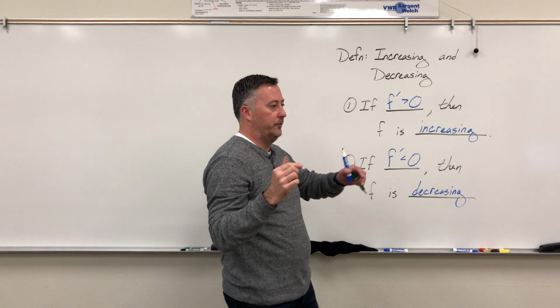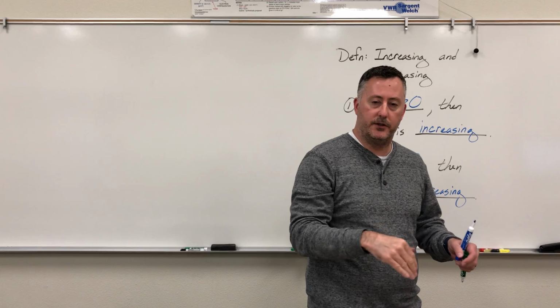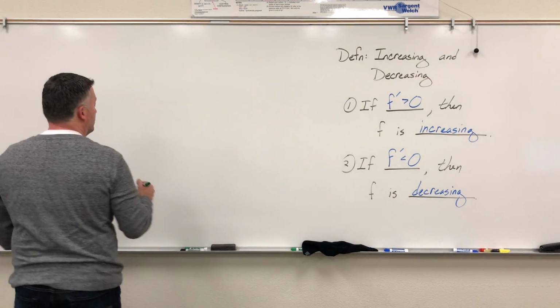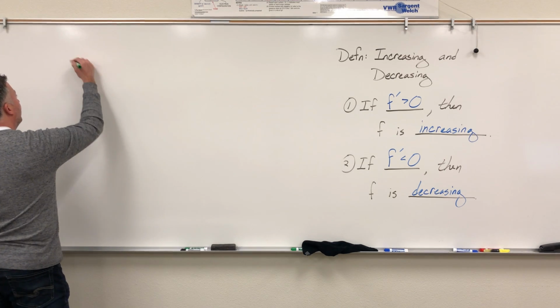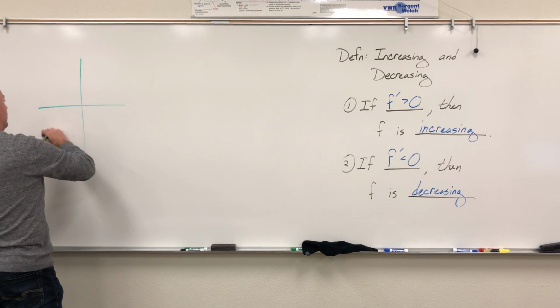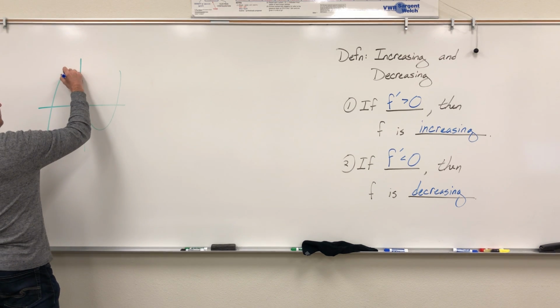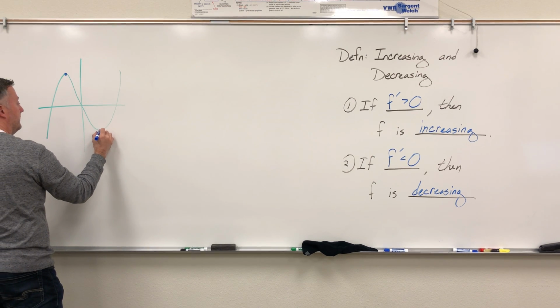Well, what about where the function switched when it went from increasing to decreasing? Probably shouldn't have erased my graph, but I did. So that would have been at this point and this point.